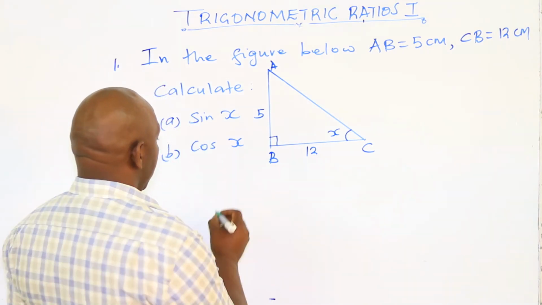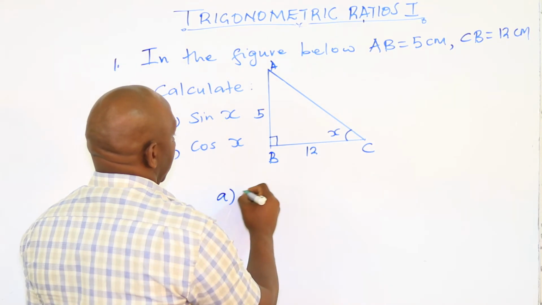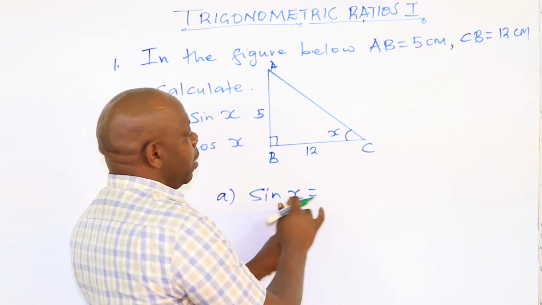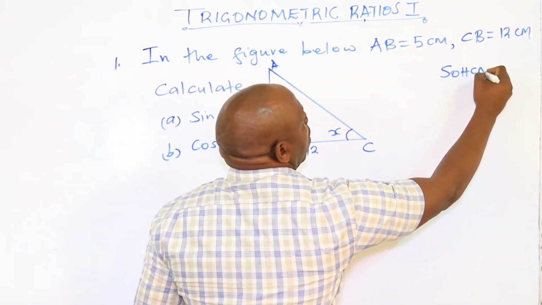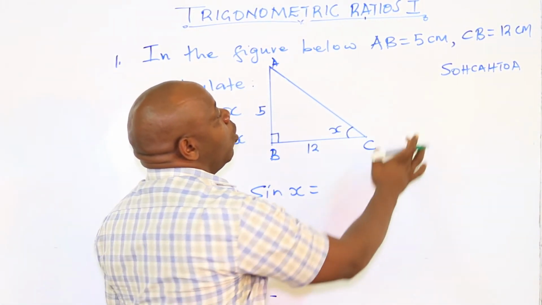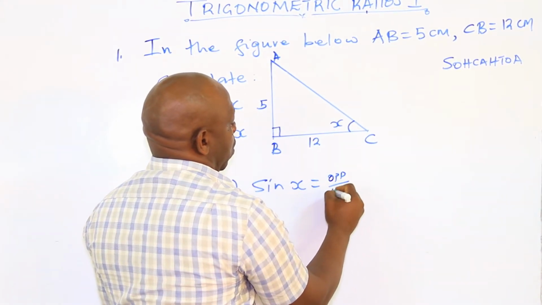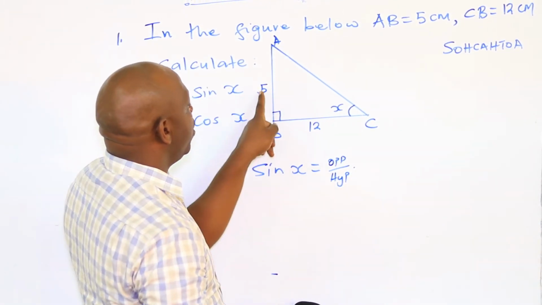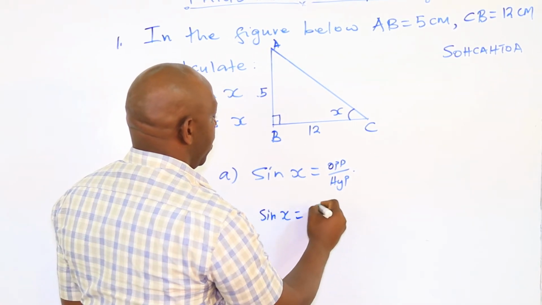If you are told to get sine of x, if we write our SOHCAHTOA here, sine stands for opposite over hypotenuse. And you can see clearly that our opposite is 5. So sine x equals 5.